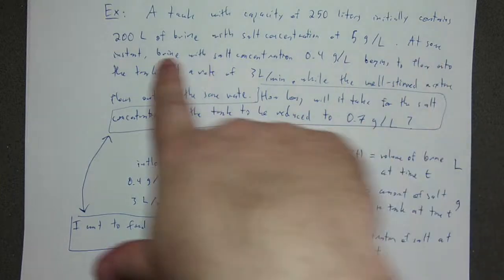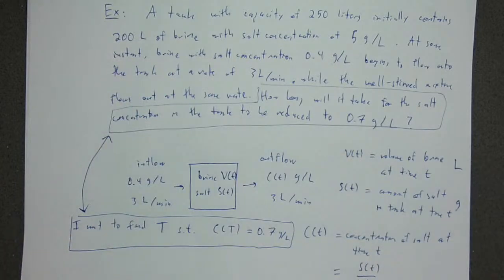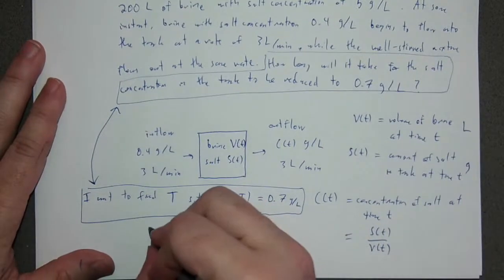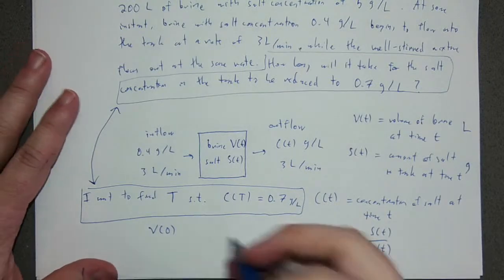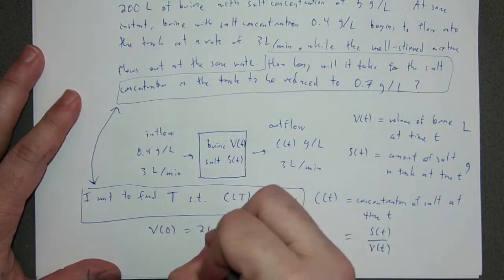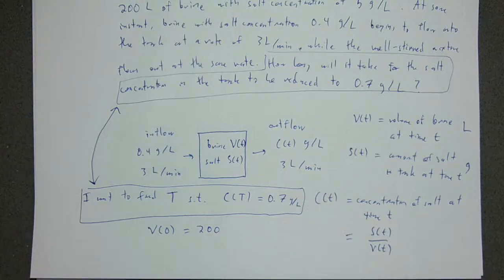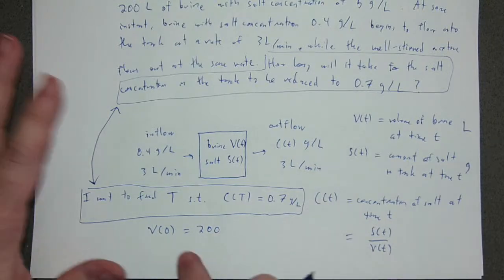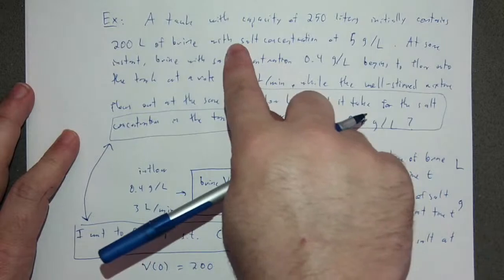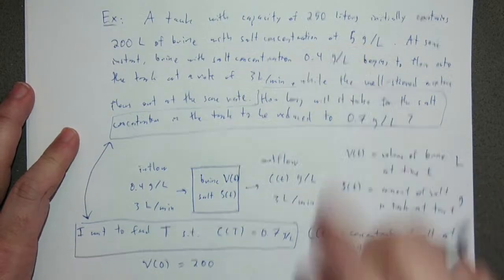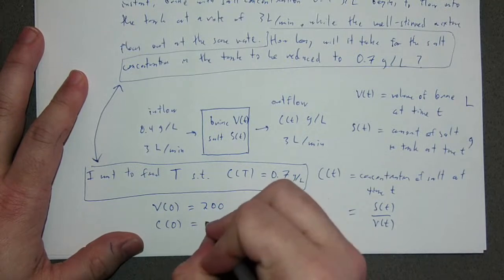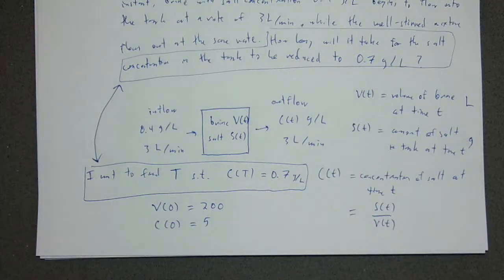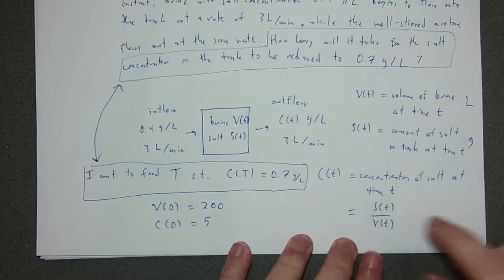The initial volume of brine is 200 liters, so V of 0, taking 0 as our initial time, is 200. We also know the initial concentration was 5 grams per liter, so C of 0 is 5 grams per liter.